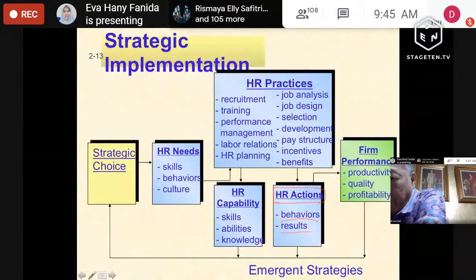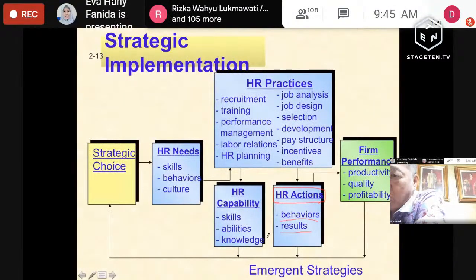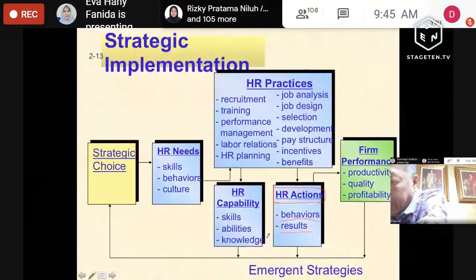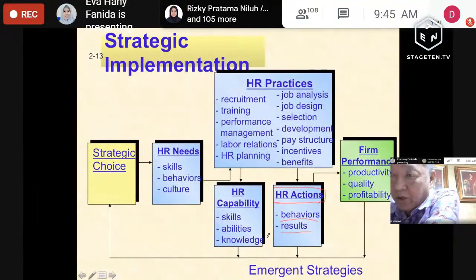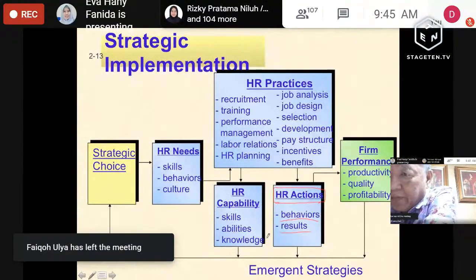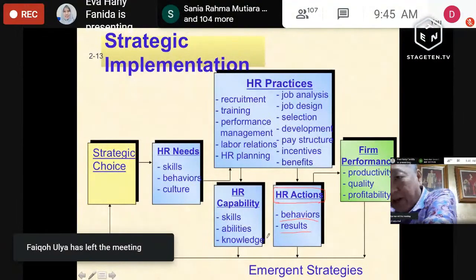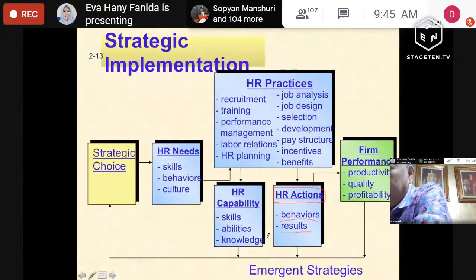The contribution of individual people and the whole people in your company will contribute or lead to firm performance. You can see the arrow going to firm performance. Okay. Firm performance. What is the meaning of firm performance? The performance is success or failure.